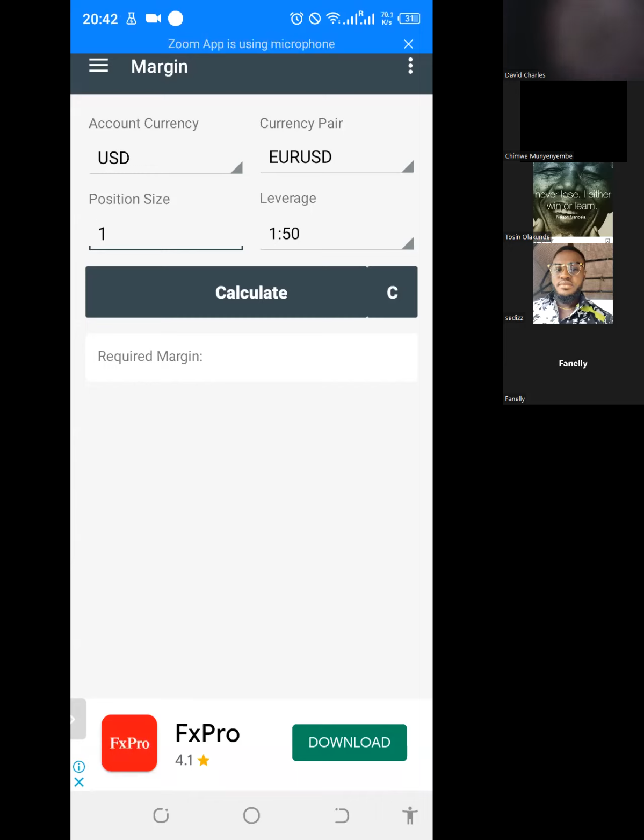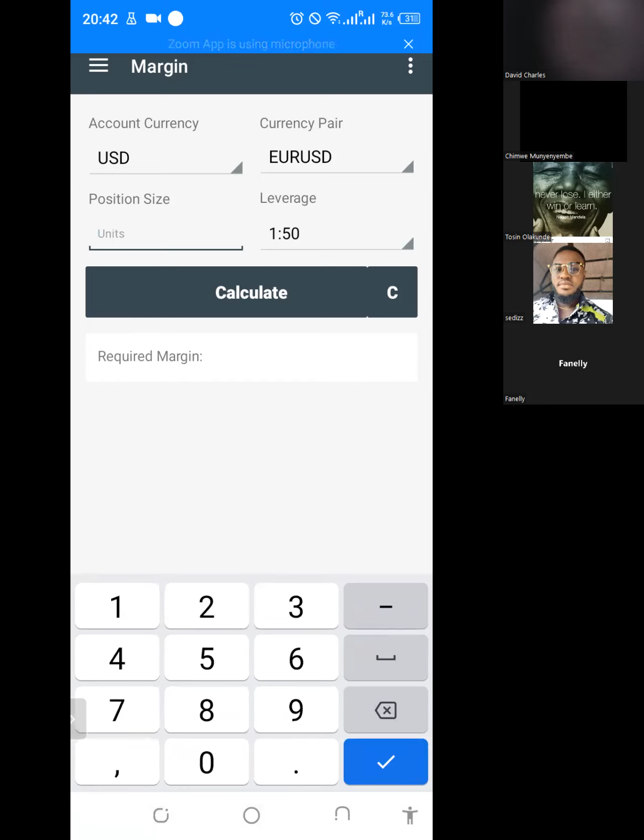So we have Euro USD there. Remember, this thing is market connected. It's active as we are speaking. So when the market is running, it's also running. You understand? So we want to check, okay, if we had a position size, that's what you see, that thing I was talking about, units.